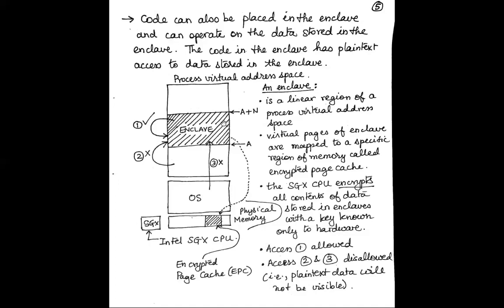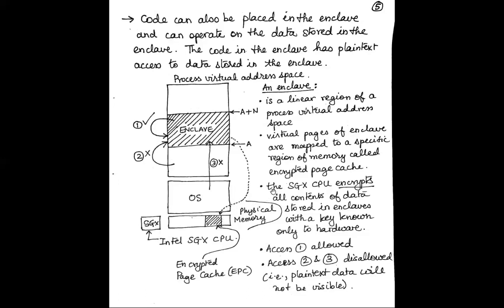The property that the hardware gives for enclaves is that the virtual pages of an enclave are always going to be mapped to a specific region of the physical memory called the encrypted page cache, or the EPC. So the hardware guarantees that all the pages of the enclave will be mapped to this particular region in the physical memory called the EPC.